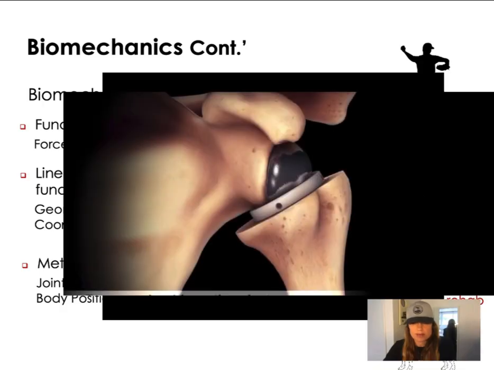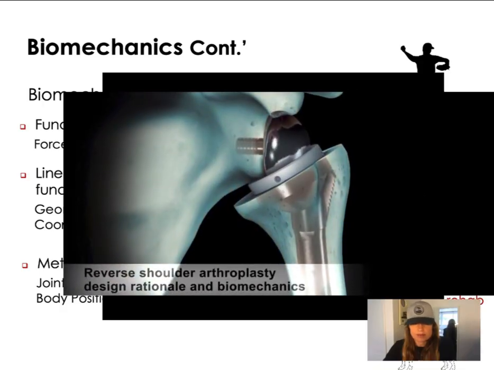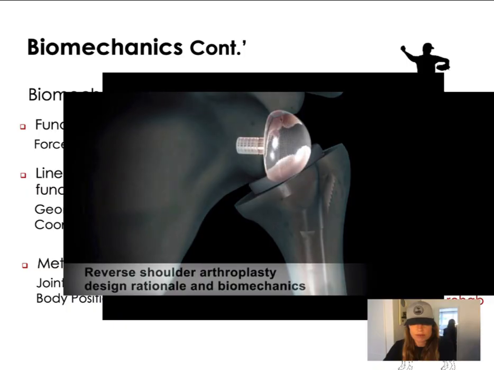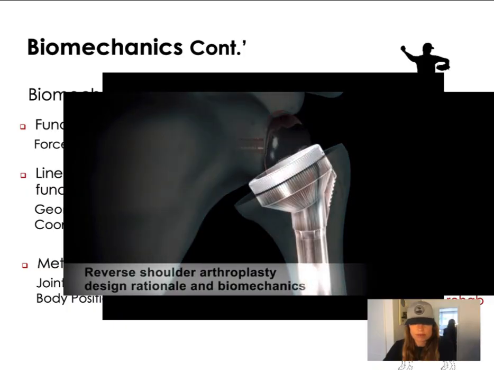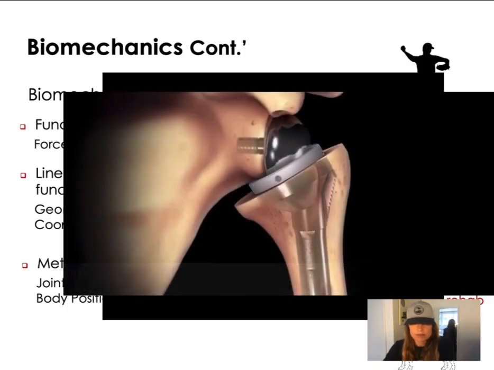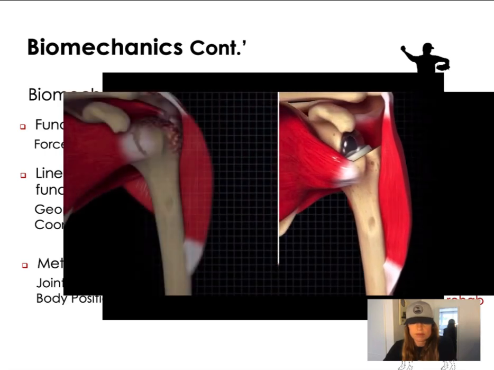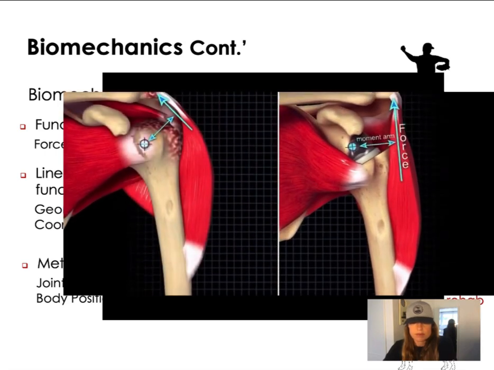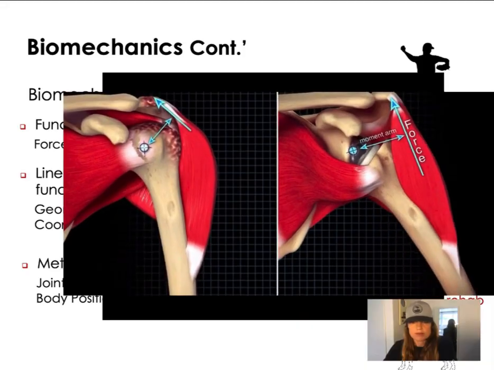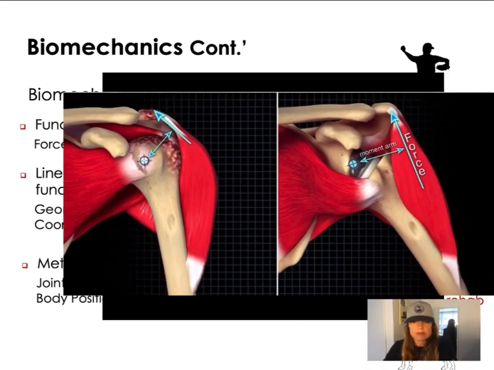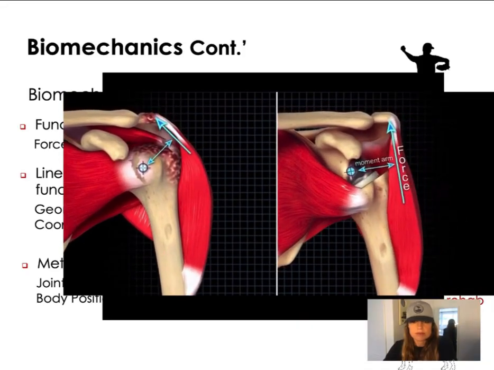The reverse shoulder prosthesis inverts the anatomic articulation, making the glenoid convex and the humerus concave. Inverting the concavities restores stability by creating a fixed fulcrum that prevents superior migration, facilitates the deltoid to elevate the arm, and limits motion to only spinning.